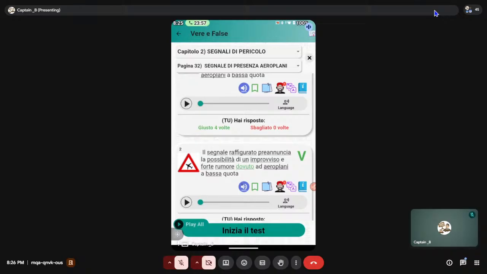Il segnale raffigurato, this sign, preannuncia, announcing the possibility of a sudden and loud noise due to airplanes at low altitude. Yes, it is true. È vero.